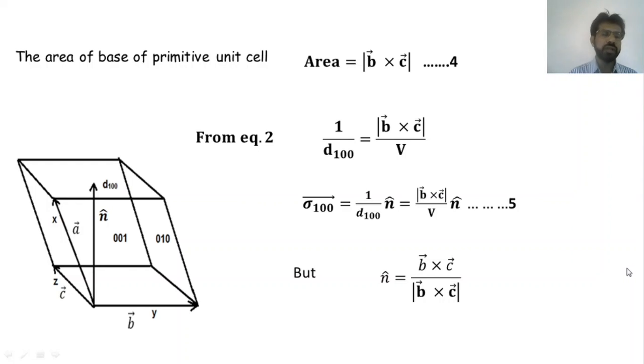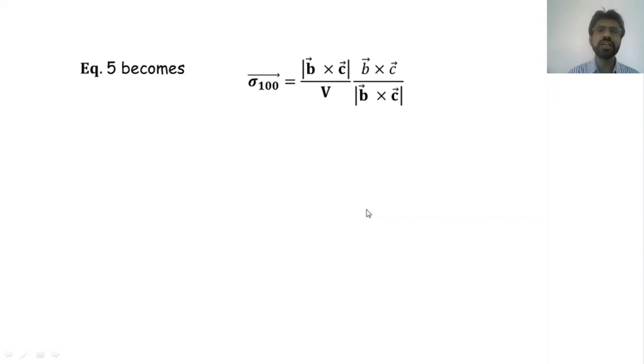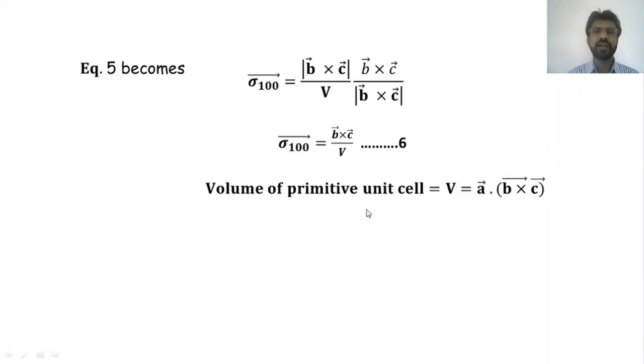Now we can write the unit vector in terms of the fundamental vectors: it is nothing but the vector b cross c divided by the magnitude of the vector b cross c. Substituting the unit vector, we get sigma 100 is equal to vector b cross c divided by V, into vector b cross c divided by the magnitude of vector b cross c.